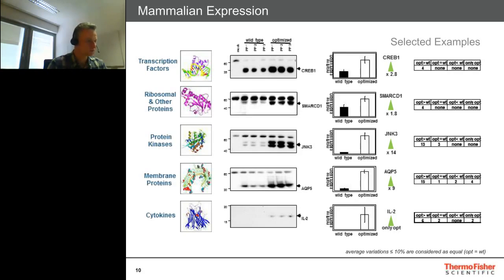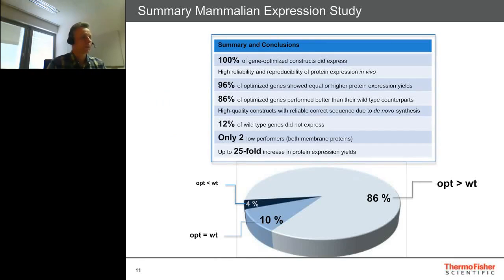For example, for this IL-2, interleukin 2, where we really had no expression with the wild type gene, but we had considerable expression with the optimized gene. On the next slide, there's already the summary. That means 100% of all optimized genes did express.